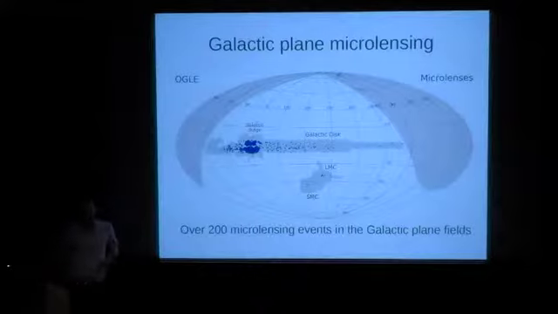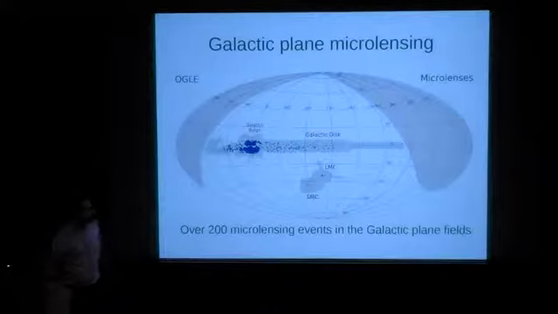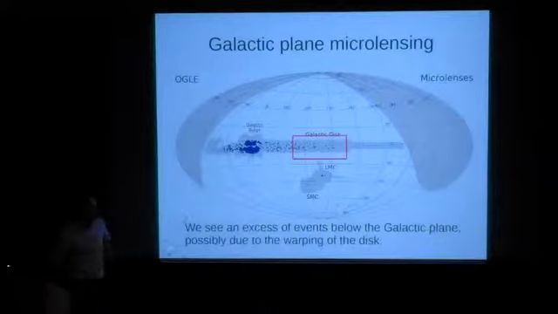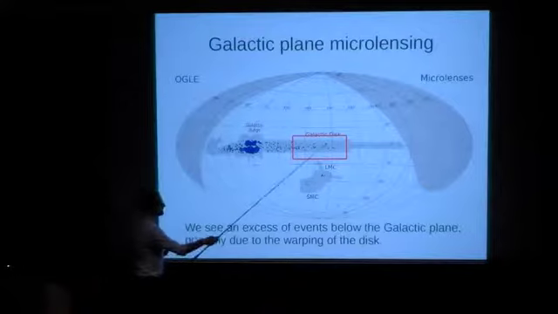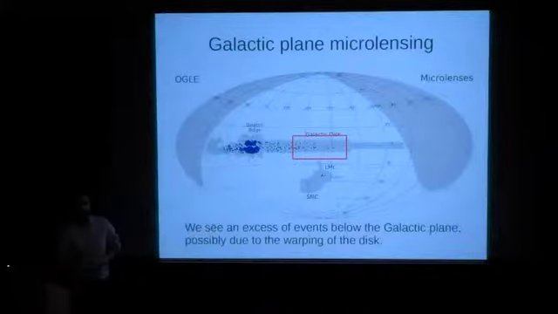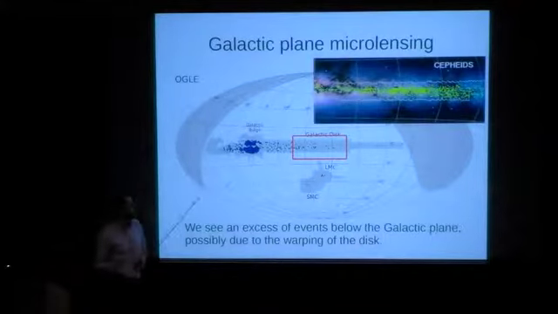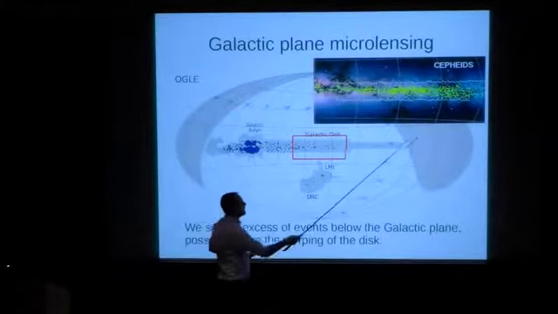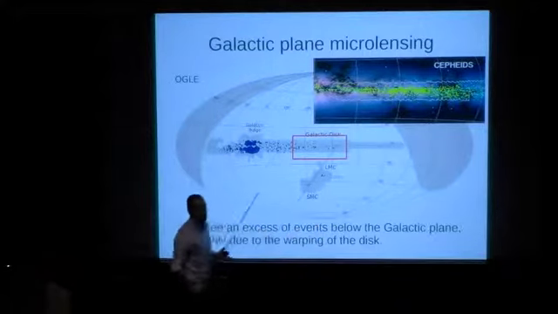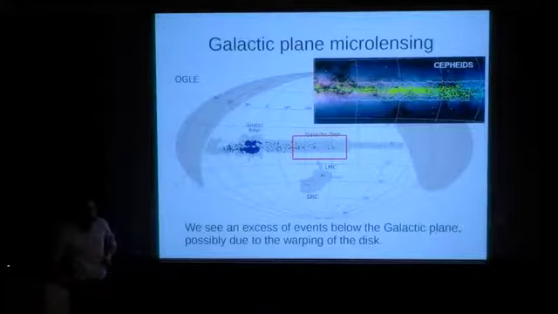So far we found about 200 microlensing events there, but this sample is large enough to have some glimpse of what's going on there. For example, we can see an excess of events below the galactic plane, and we think that this excess comes from a warp of the galactic disk. This is a similar situation as seen in the classical fields, which also lie below the galactic plane.